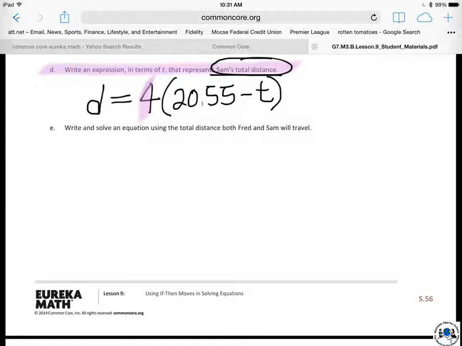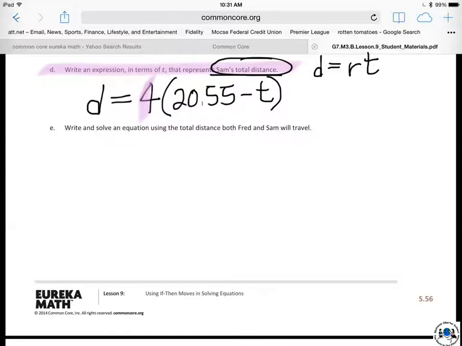Again, this is our master formula: distance equals rate times time, a very strong physical science, physics formula in terms of motion. You'll be doing a lot of that next year in 8th grade, those of you who do physical science next year.